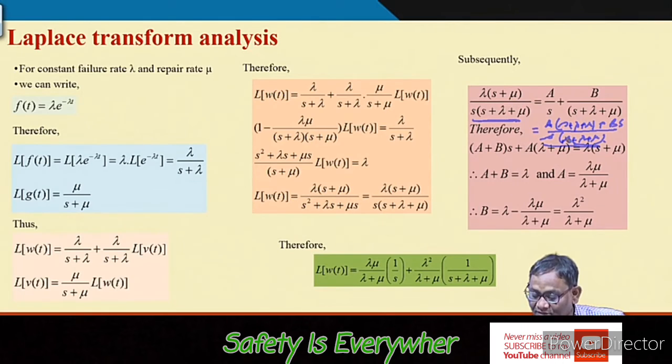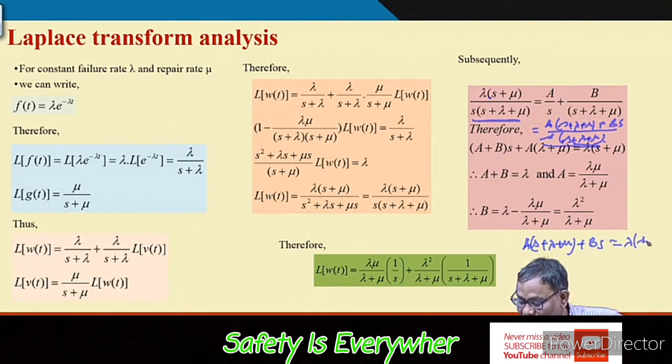Now the question comes of numerator equality. Here the numerator side is A into S plus lambda plus mu plus B S, and this side equals lambda into S plus mu, which will be lambda S plus lambda mu.